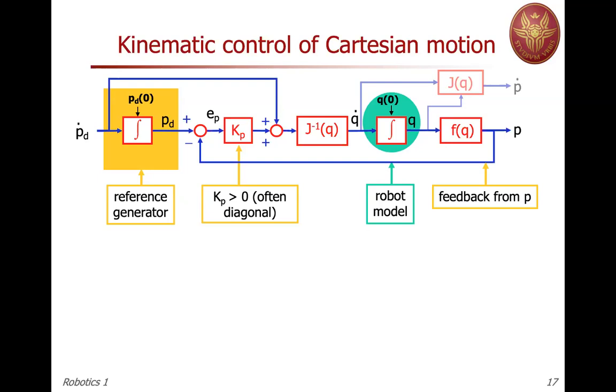So the ideal assumption that we have just an integrator between the commanded velocity and the position is no longer true. So we definitely have to deal with handling the singularities in real time in this case.